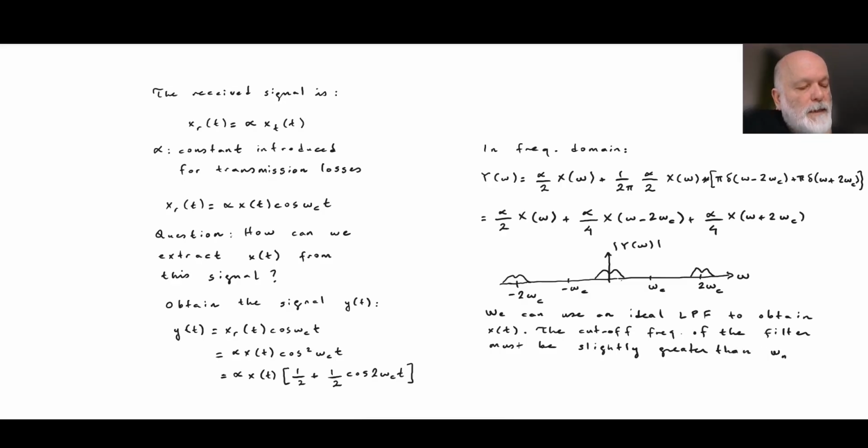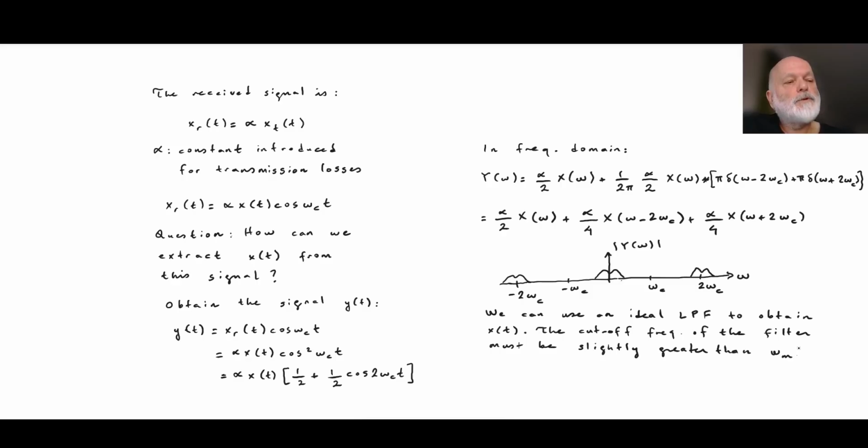And remember, omega m is the highest frequency component in the information carrying signal x of t. So this is the amplitude modulation system, which is the simplest example of a communication system.